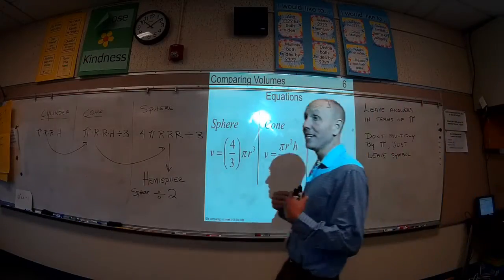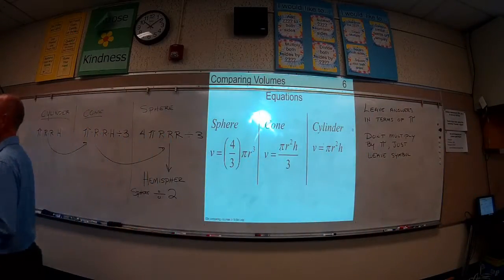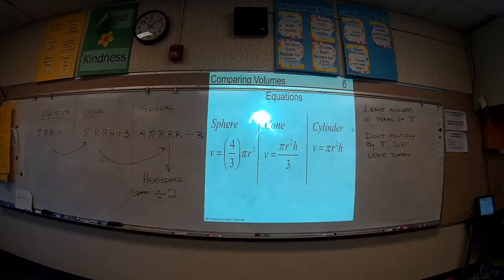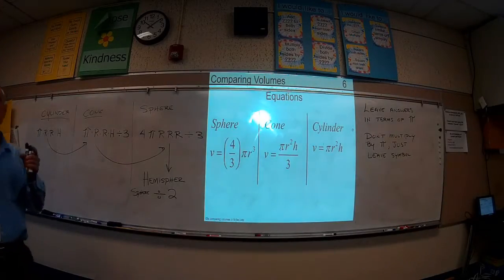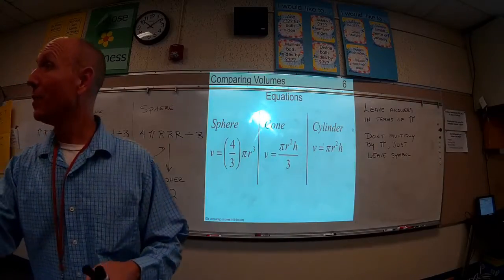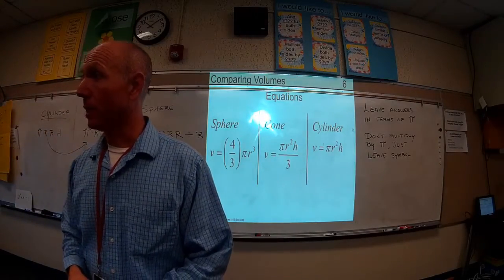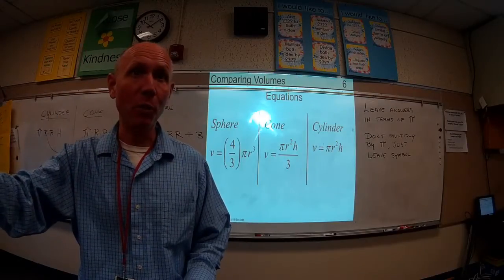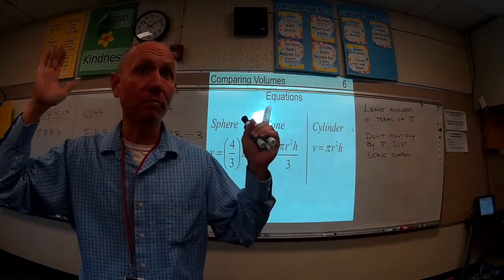Instead of writing 10 times 3.14, I'm going to write 10 pi. I'm just going to leave the pi symbol in my answer.